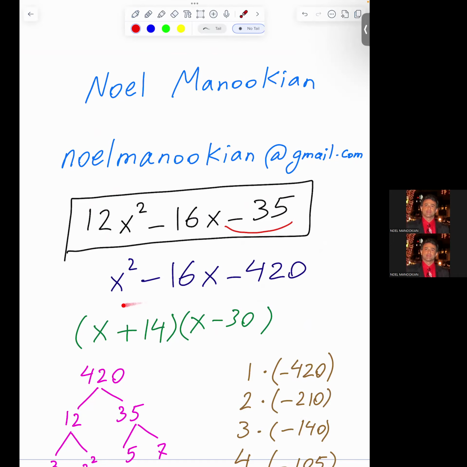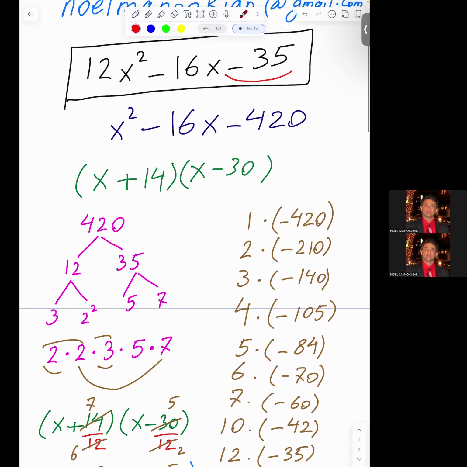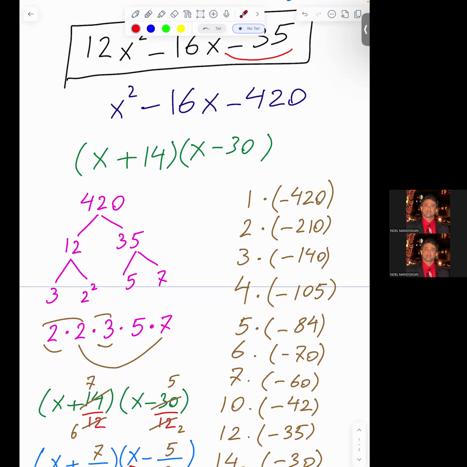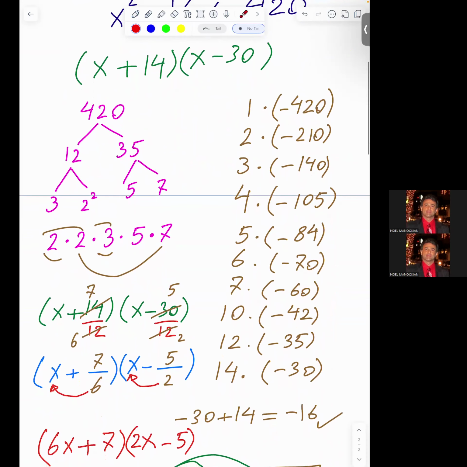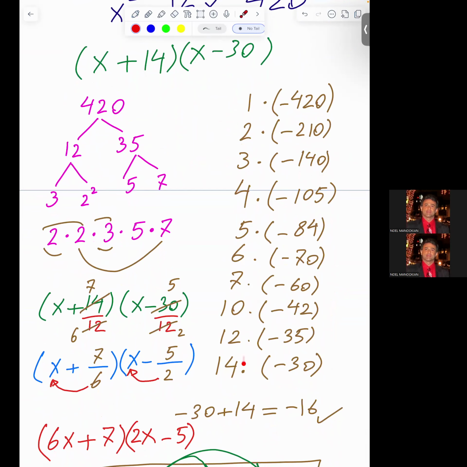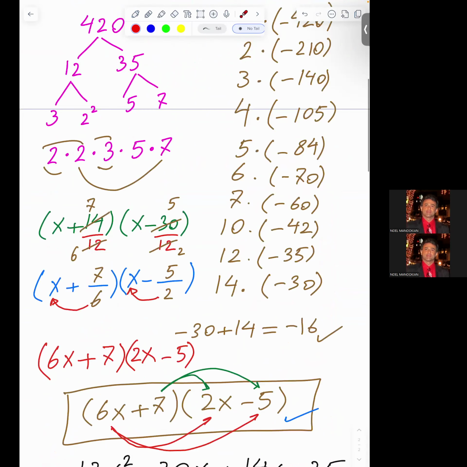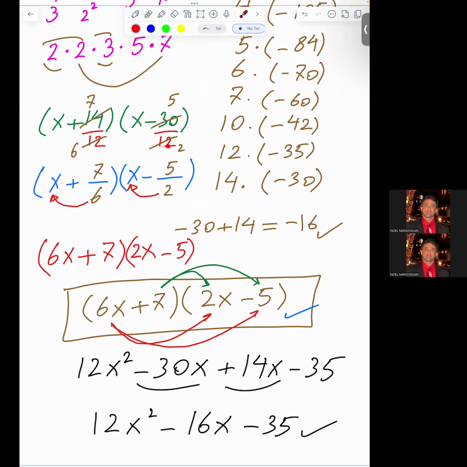Try to factor this expression. It's easier because the coefficient of x squared is 1. If you can guess the answer, you can go directly for the answer. Otherwise, you can write all the factors to figure out the answers. And then you follow the instructions that I gave you to get the final answer. And at the end, you can check your final answer.